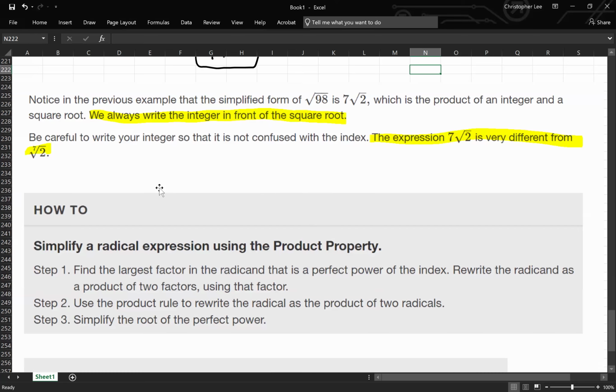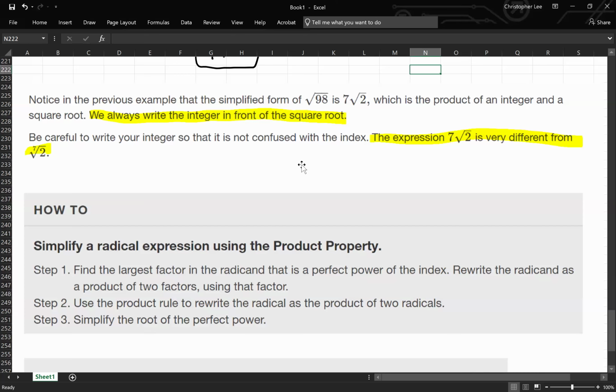Anyway, here's how to simplify a radical expression using the product property. Step 1, find the largest factor in the radicand, the inside of the radical, that is a perfect power of the index, whatever radical you have, square root, cube root, etc. Rewrite the radicand as a product of the two factors.